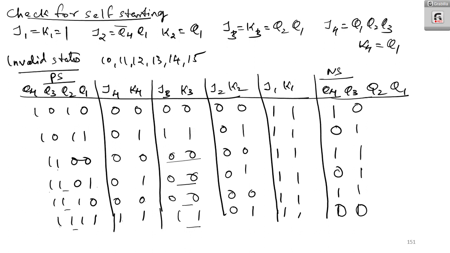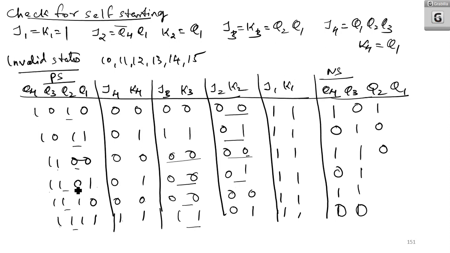Okay. Now coming into Q2. Now what is Q2? Q2 means you need to check for J2, K2. 1, 0, 0, so it is no change. So 1 will remain. 1, 0, 1. 0, 1 means it is a reset, so it is 0. Now 0, 0, 0 and 0, 0 means it is remaining there. So 0 is there. Now comes 0, 0, 1.